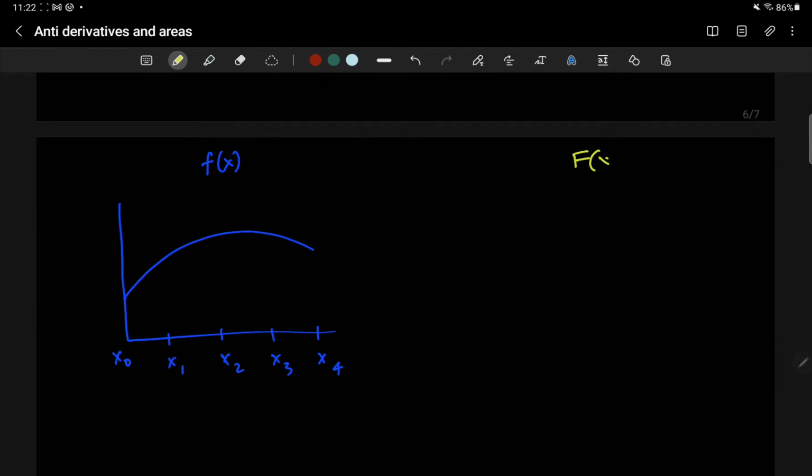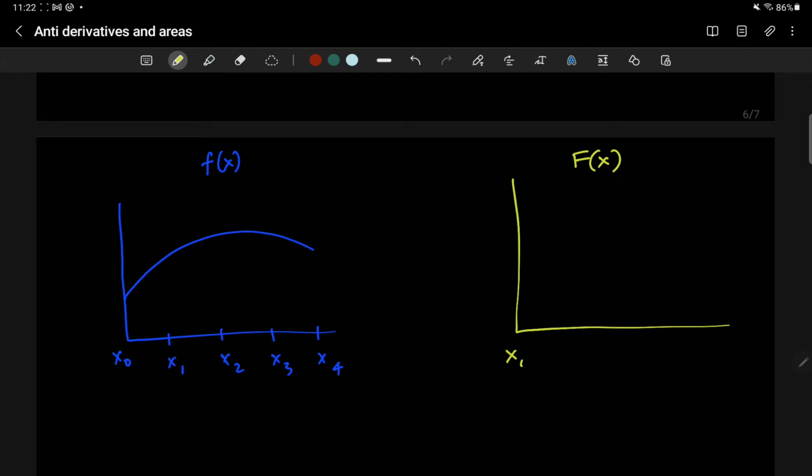We found that if I take a function f of x that looks like that, and let's suppose I call these points x0, x1, x2, x3, and x4, then what capital F of x does is it gives you another function.